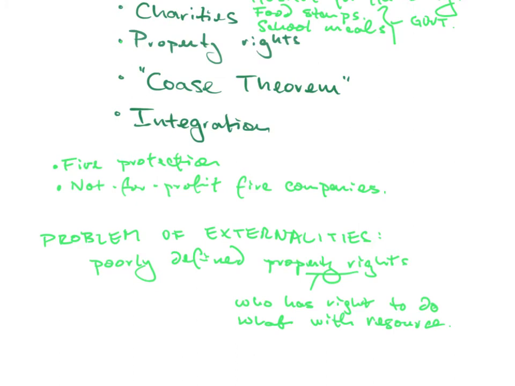Externalities are a problem because it's not clear that either side has a right to one thing or the other. Or pollution. And again, the real concern is environmental pollution, because the environment doesn't really belong to anyone, but we all use it.